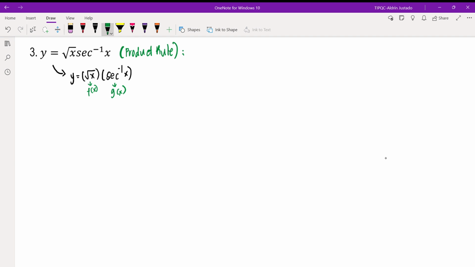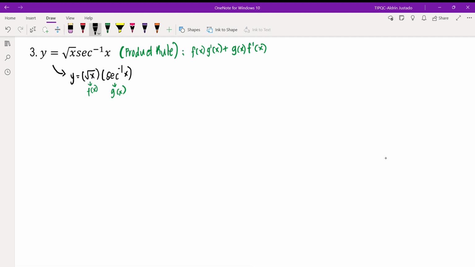Kapag product rule, pwede naman to f of x times the derivative of g of x plus g of x times the derivative of f of x. Okay?